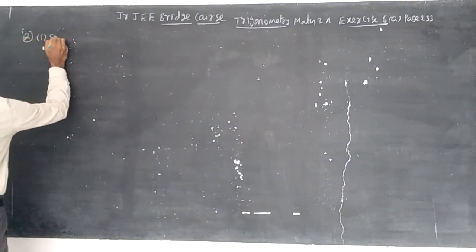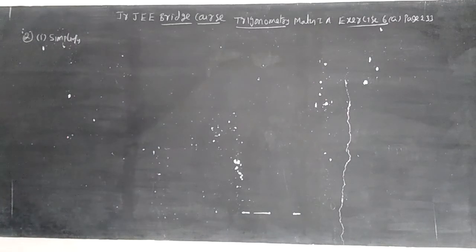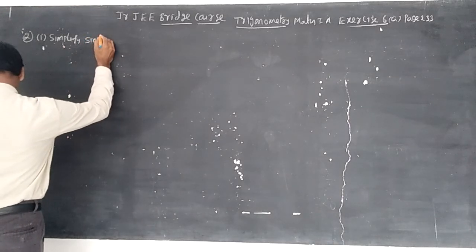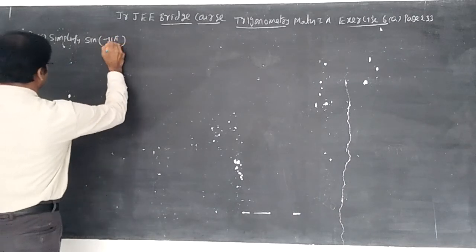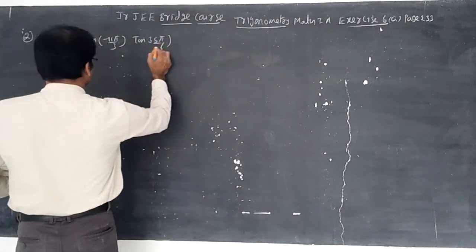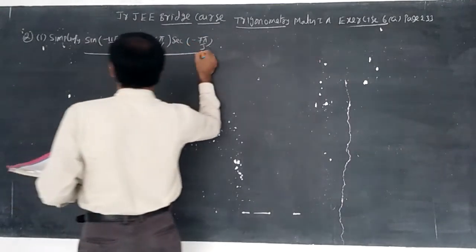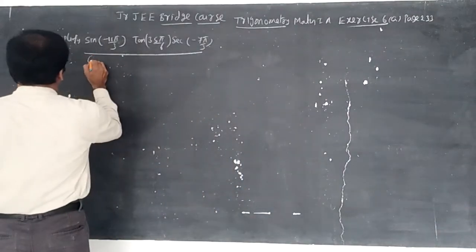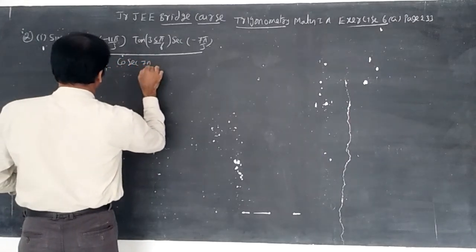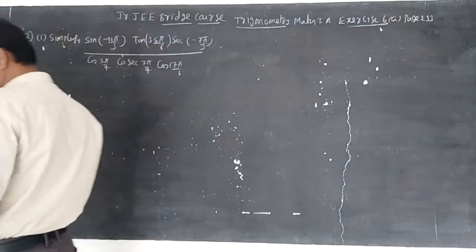In the second Roman, the first one: simplify sine of minus 11 pi by 3, tan of 35 pi by 6, into secant of minus 7 pi by 3, whole by cos of 5 pi by 4 into cosecant of 7 pi by 4 into cos of 17 pi by 6.